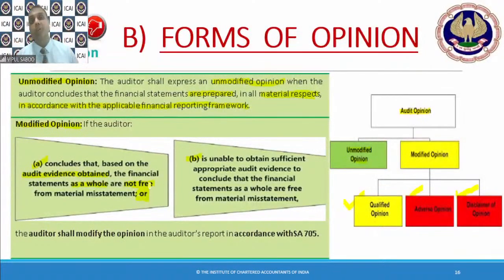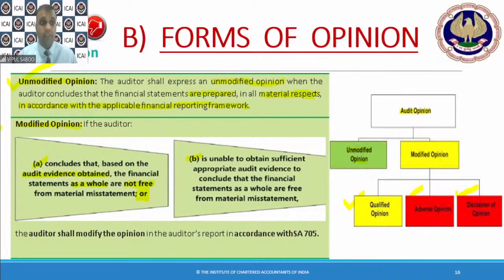Now, what kind of modified opinion it is going to be, qualified, adverse, or disclaimer of opinion, depends further on the facts of that particular case and the material misstatements. Had they been free from all kinds of misstatements, the auditor would have issued an unmodified opinion.